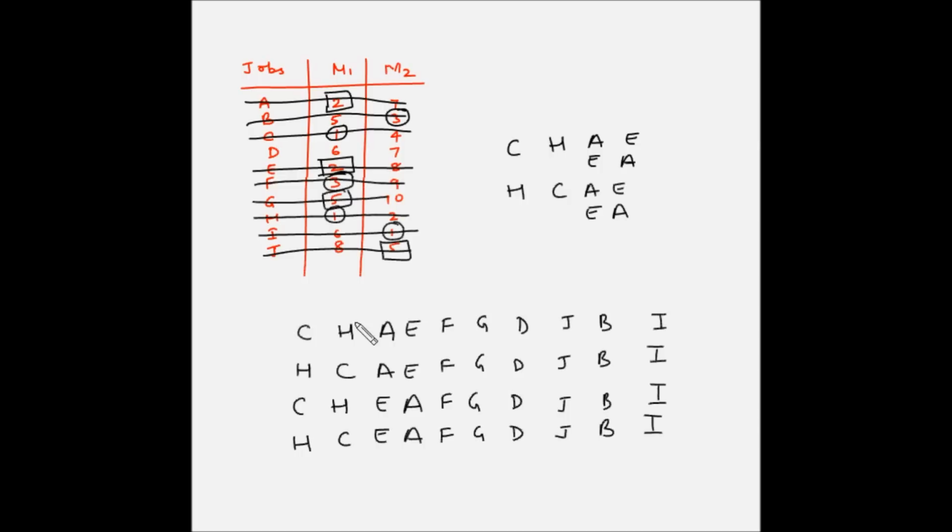Now, before solving this example using the Johnson's method, we had tried to find out the overall processing time if we process the jobs in the sequence given to us in the example. Now let us find out the overall processing time and the idle times using one of these sequences, and then let's compare this with that one.